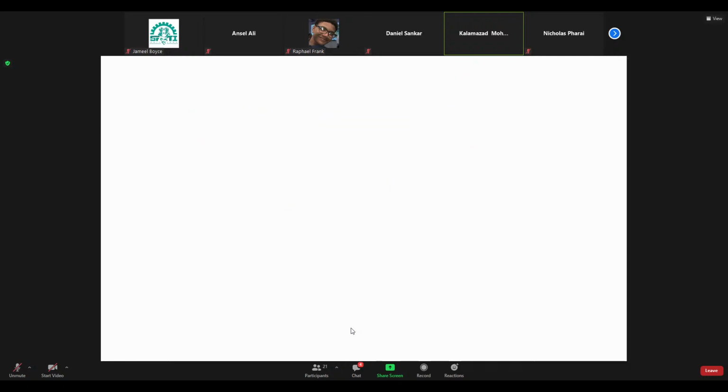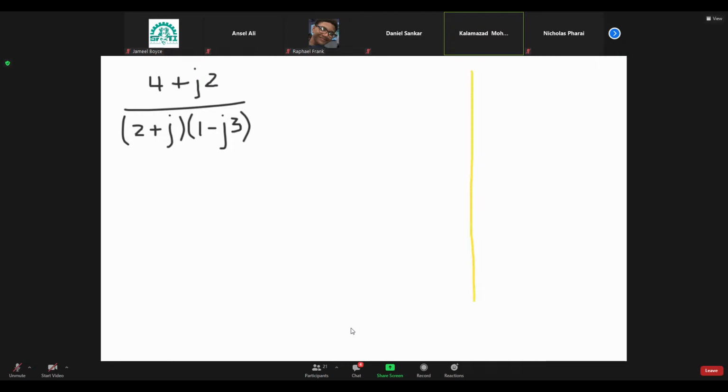Let's try another one. (4 + j2) over (2 + j) by (1 - j3). Okay. All right. Here, the first thing you're going to have to do, you'll have to multiply out the underneath first.